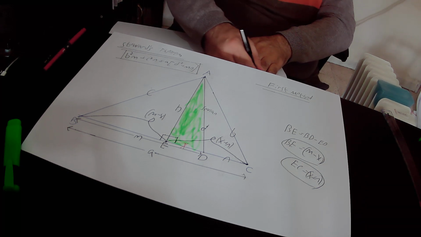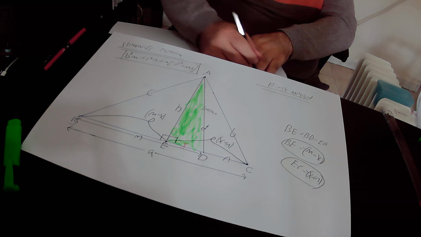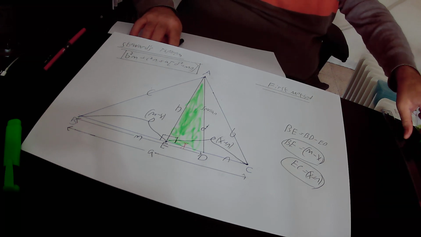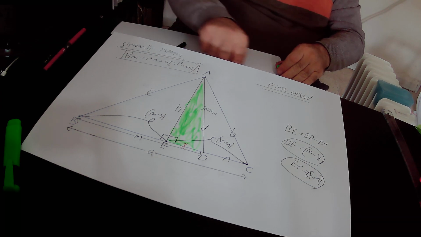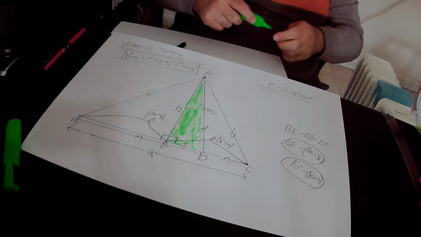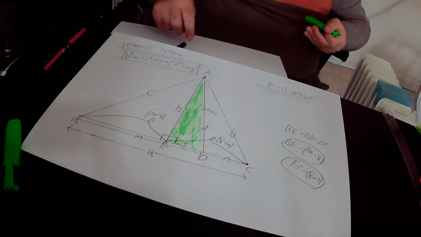Actually, according to the Pythagoras theorem, in any right triangle, the square of the hypotenuse equals the sum of the squares of the perpendicular sides.